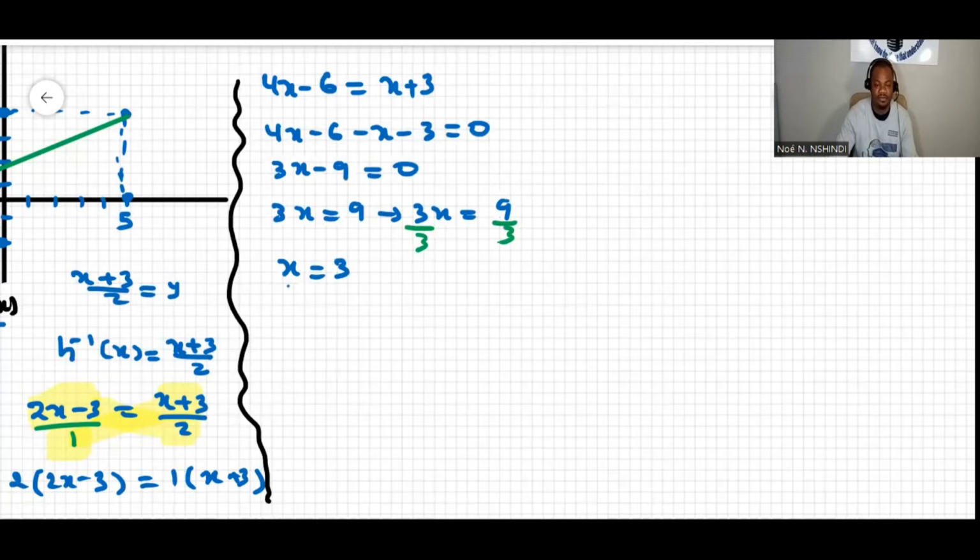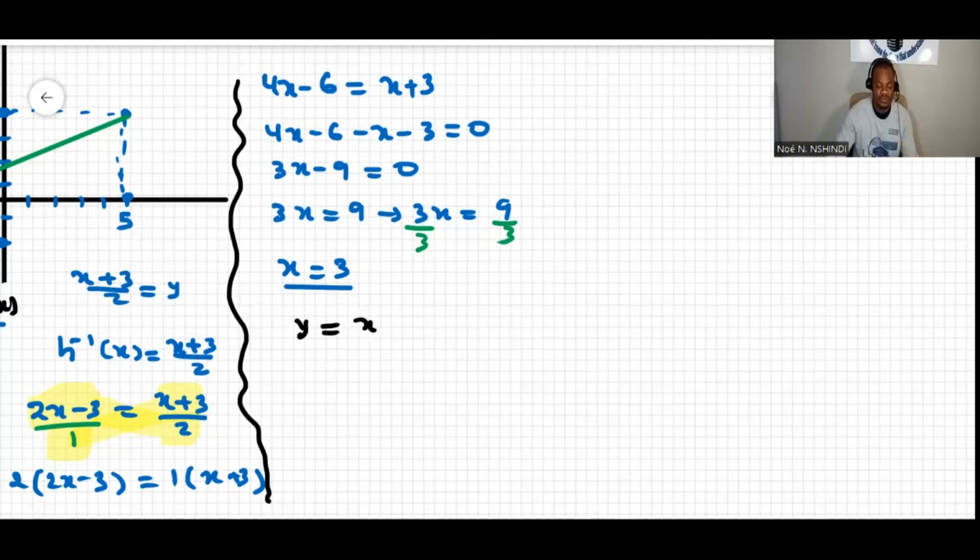So now we have the value of x. Now this is the only value of x for which the two functions are equal. You can solve this in different ways. Another technique is that we do know that the function and its inverse are symmetrical about the line y equal x.